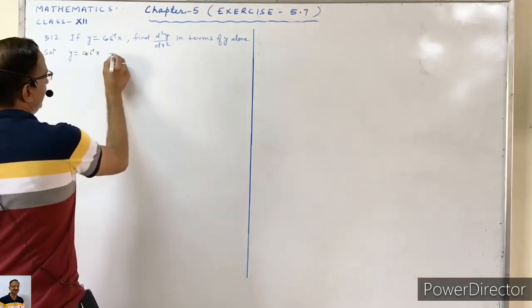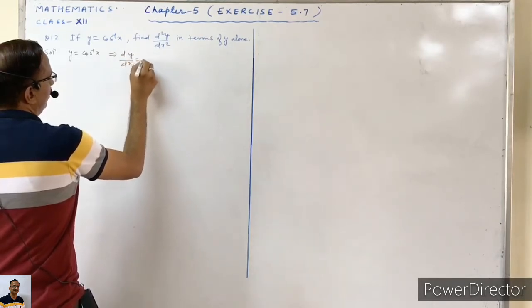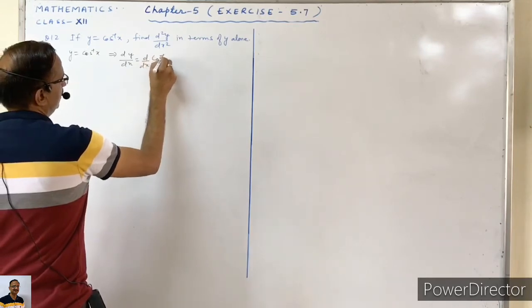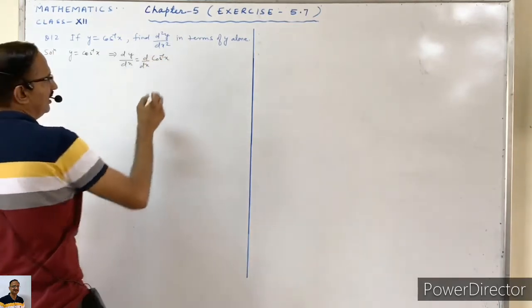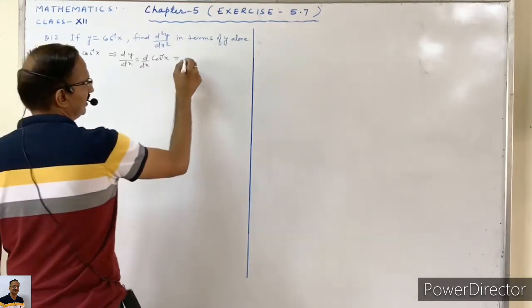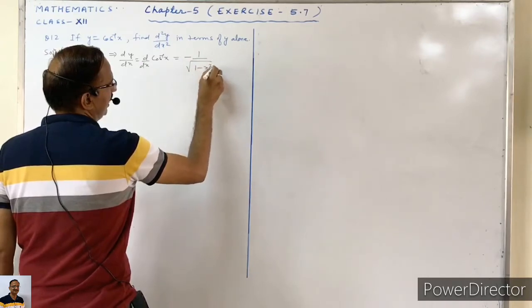So we will write this as dy by dx on right hand side, dy dx of cos inverse x. Now the differentiation of cos inverse x is minus 1 upon root 1 minus x square.